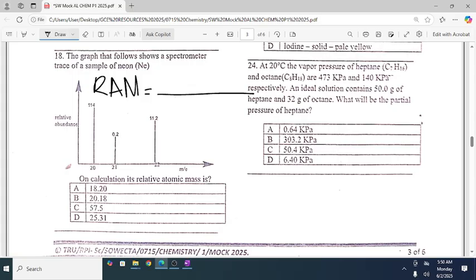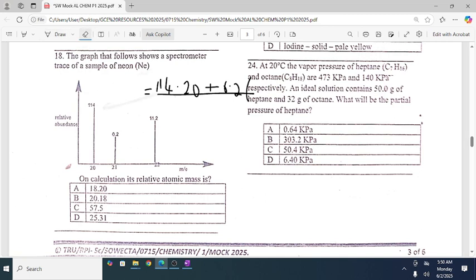I add them, then I divide by the sum of the relative abundances. So I'll take 114 times 20 plus 0.2 times... wait, let me try to use the other writer.